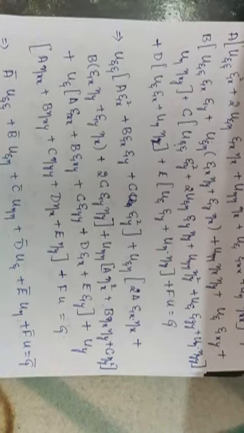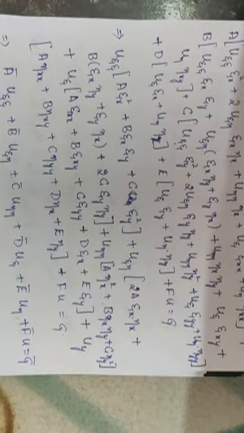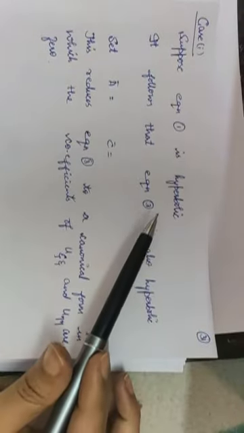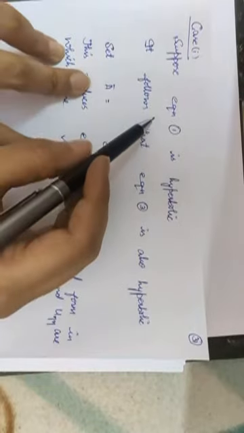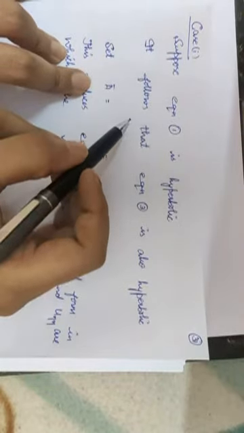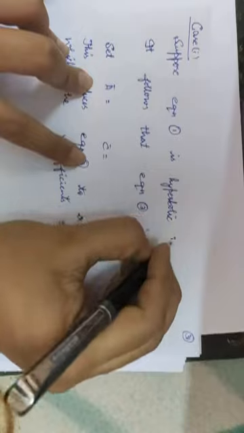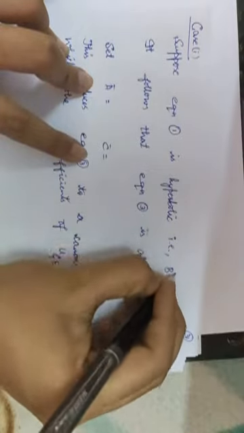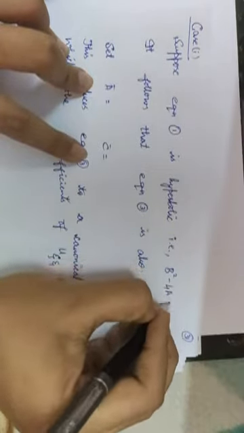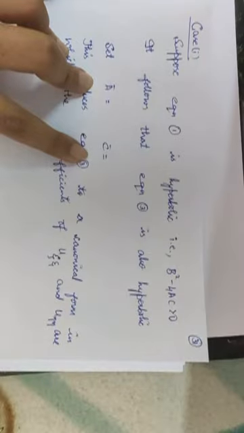Now we will consider the classifications and we will derive the formula for your classifications. So let's consider case number 1, that is hyperbolic. Suppose equation 1, that is your second order linear partial differential equation, is hyperbolic, then it satisfies the condition b square minus 4ac is greater than 0, right?